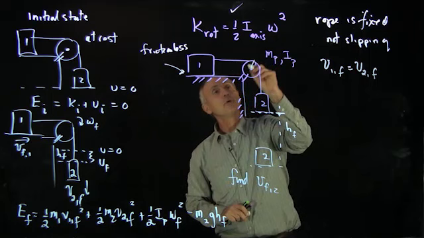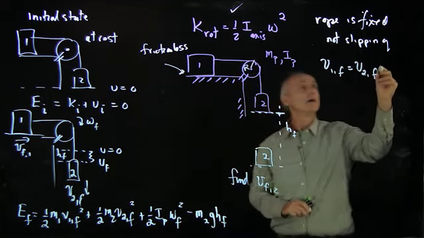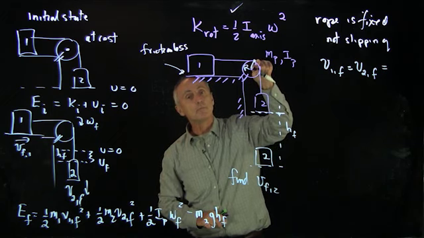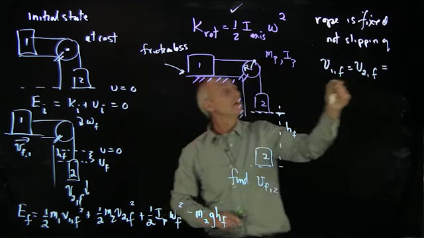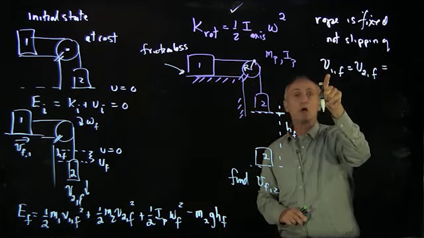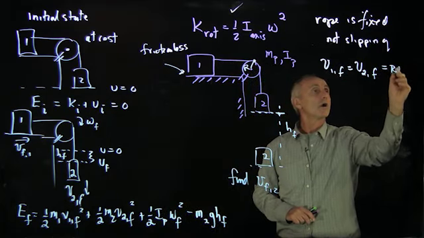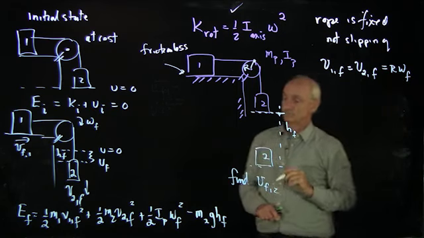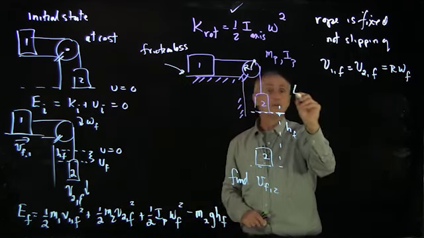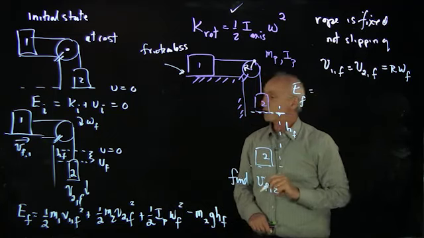And now what about the pulley? If this is radius r, we know that the velocity of a point on the rim of a disk is moving with the speed of the rope, which is the speed of block 1 and block 2, so that's r omega final. And so that makes our final energy, let's now gather terms.